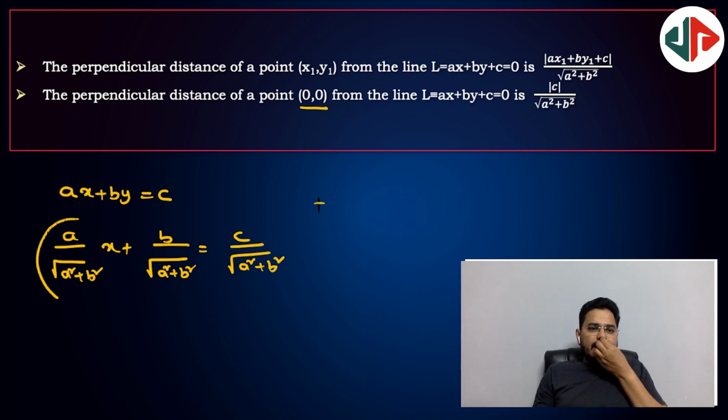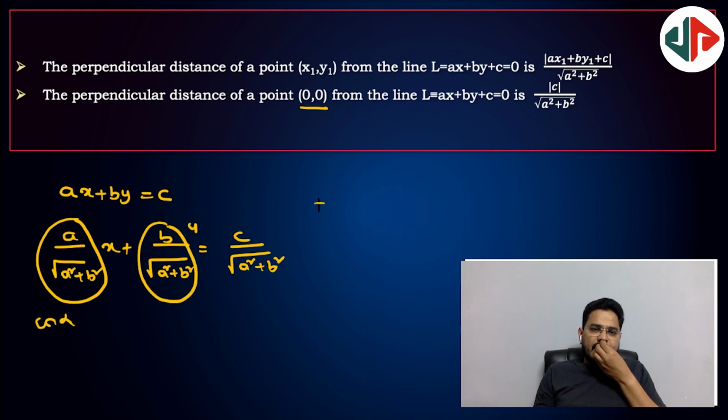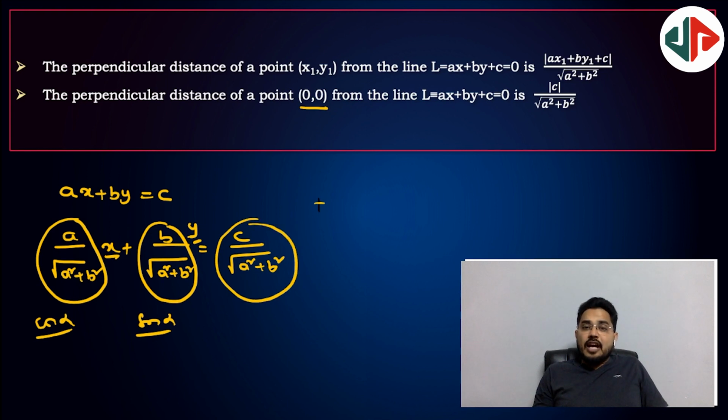Now take the first coefficient as cos alpha and the second as sin alpha. So it is x cos alpha plus y sin alpha is equal to P based on the normal form. So this P is the perpendicular distance, that is mod C by root over A square plus B square.